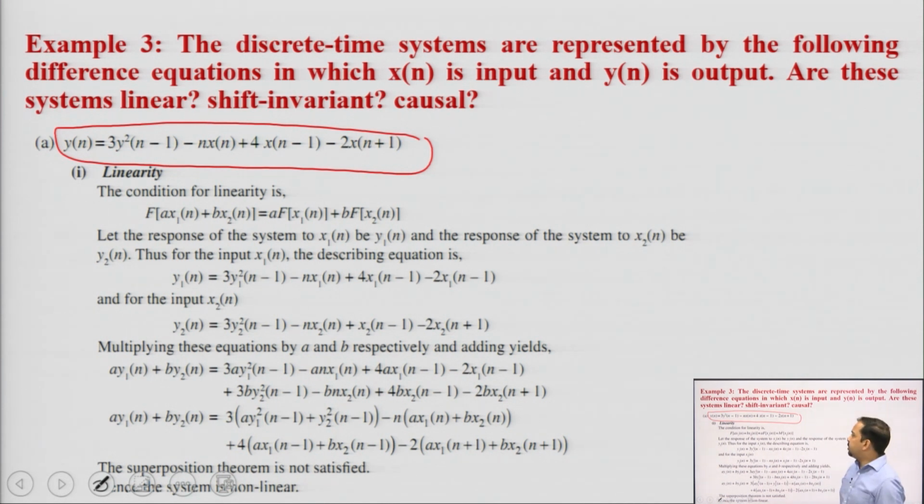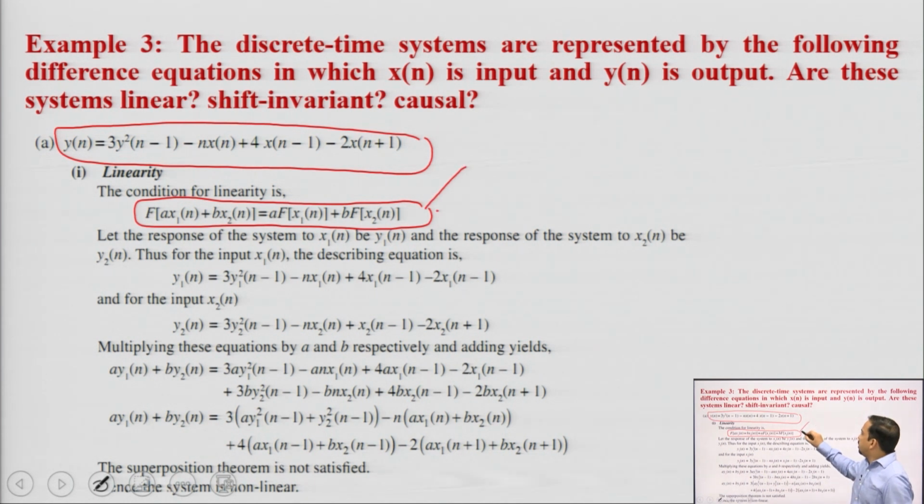In the last lectures we have seen the condition to check the linearity of a system. A system is said to be linear if it follows the principle of superposition. Now, what is the principle of superposition? It says that the principle of superposition is additivity and homogeneity.